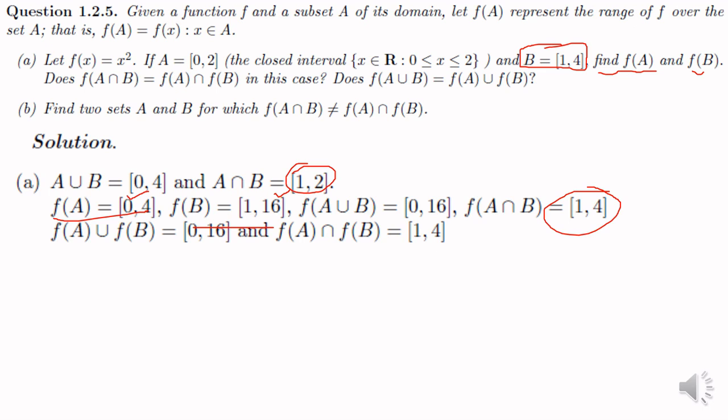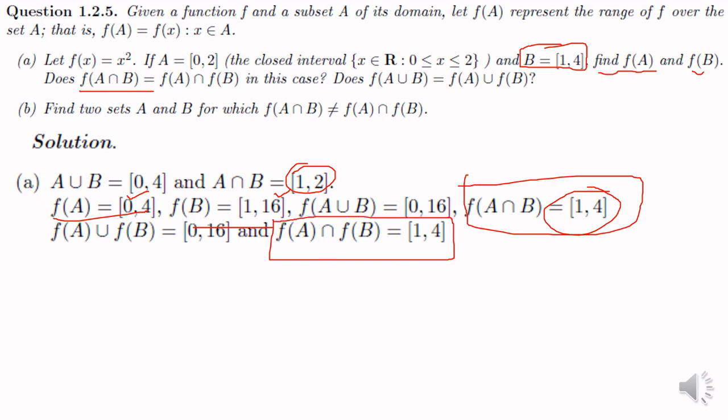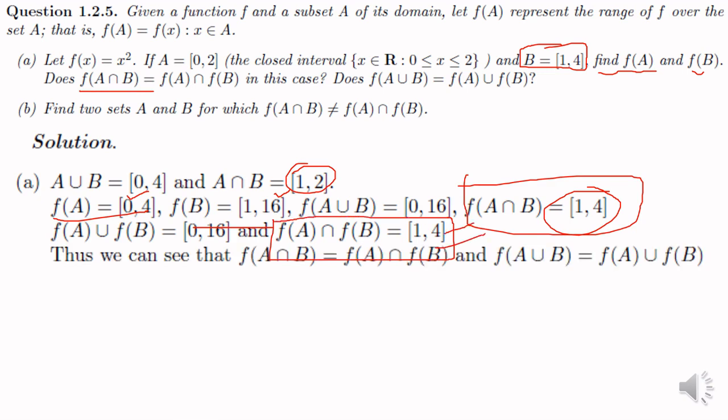So now you have to check whether this is true. What is f of A intersection B? f of A intersection B is the closed interval 1, 4, and fA intersection fB is also the closed interval 1, 4. So you can see that both are the same. So we can say that f of A intersection B is equal to fA intersection fB.